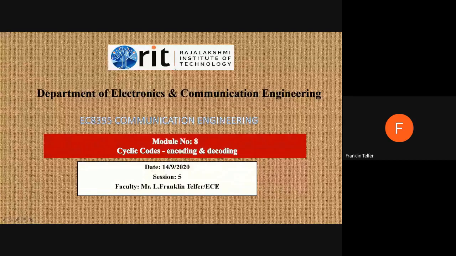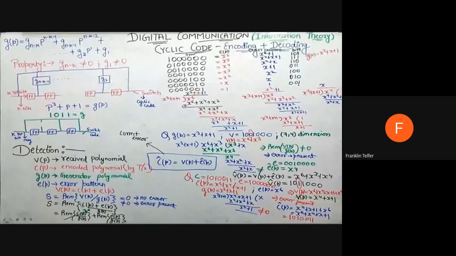Coming from the previous slide, we are going to see the encoding and decoding of cyclic codes. Let us take the generator polynomial g of n minus k of p of n minus k minus 1. This is a shifting property.